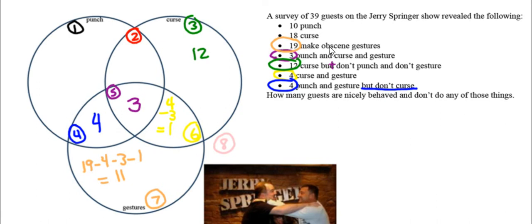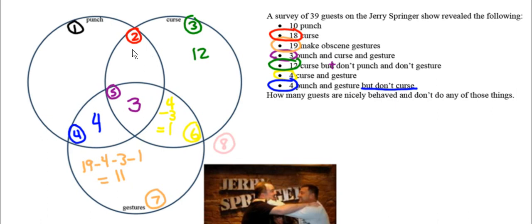So the 19 people that make obscene gestures is the entire gesture circle. So 11 plus 4 plus 3 plus 1, all of those are in the gesture circle and they total to make 19. All right, 18 people curse, so that's the entire cursing circle.